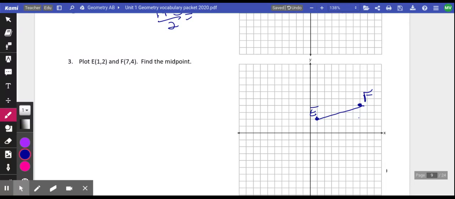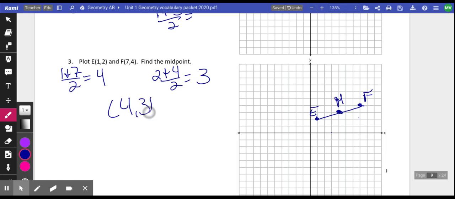So I'm going to find the average between 1 and 7, which is 4, and the average between 2 and 4, which is 3. So if I go over 4 and up 3, oh, look, that's exactly in the middle. So the answer is 4, 3, because I count over 3, up 1, over 3, up 1.